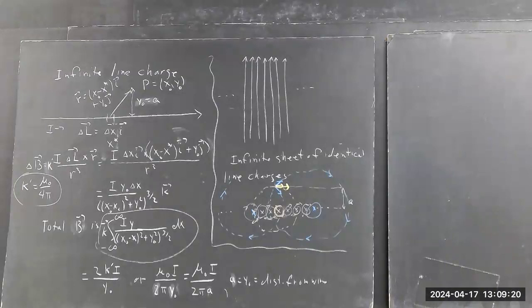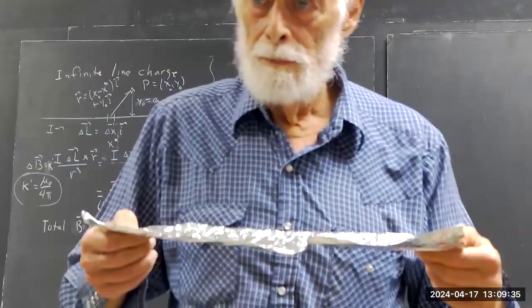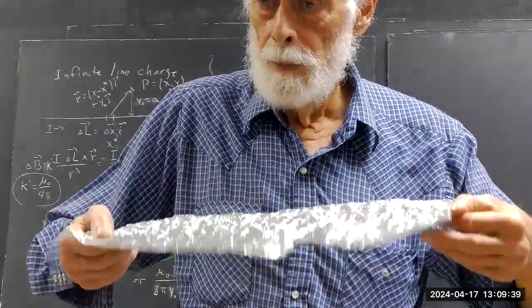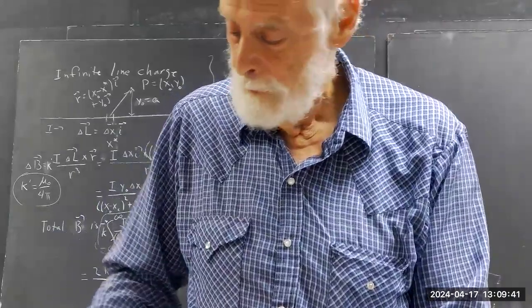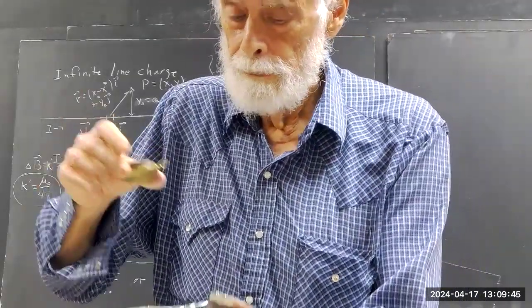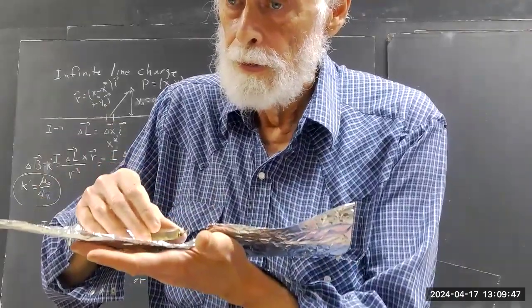when we hooked two leads from a 6-volt battery onto this aluminum sheet, and then we put a compass over the top of the sheet.